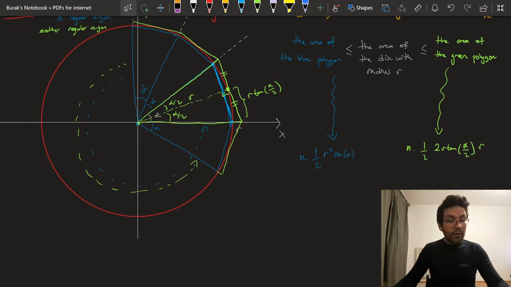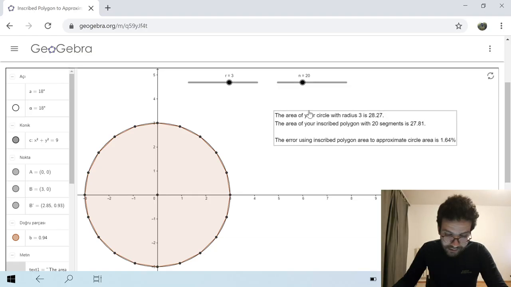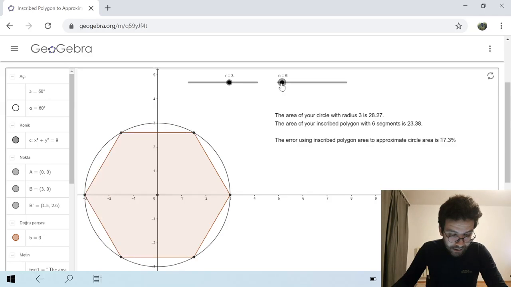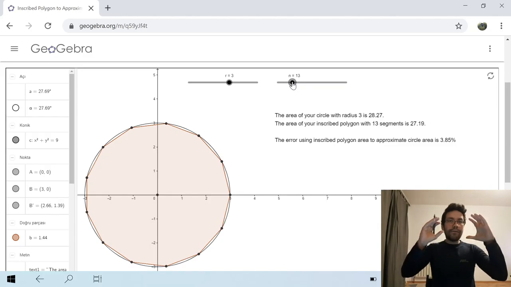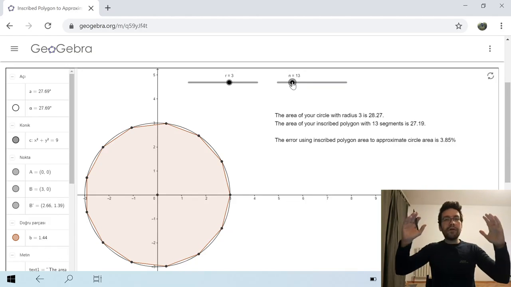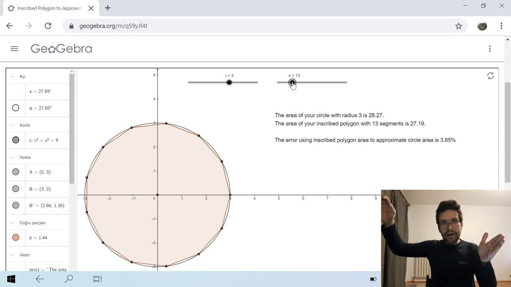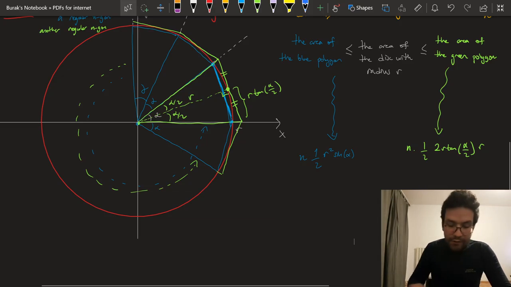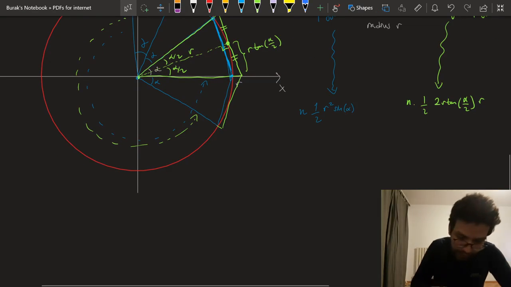Now, remember, when I increased the number of sides of this polygon, the areas of these polygons seemed as if they are increasing up to the area of the disk. So I'm going to take the limit of the right hand side and left hand side as n goes to infinity.